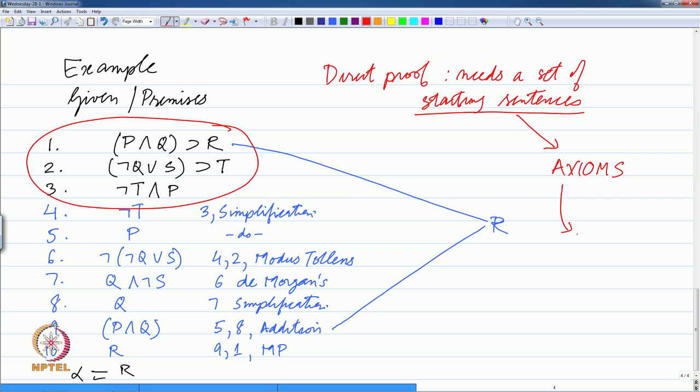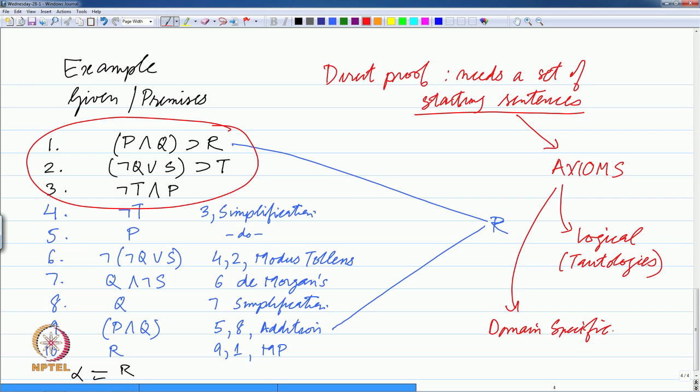One is logical, which basically means that they are tautologies, and the other kind is domain specific, which are given to us by the domains. So, these domain specific axioms are the ones that we started off with here essentially.